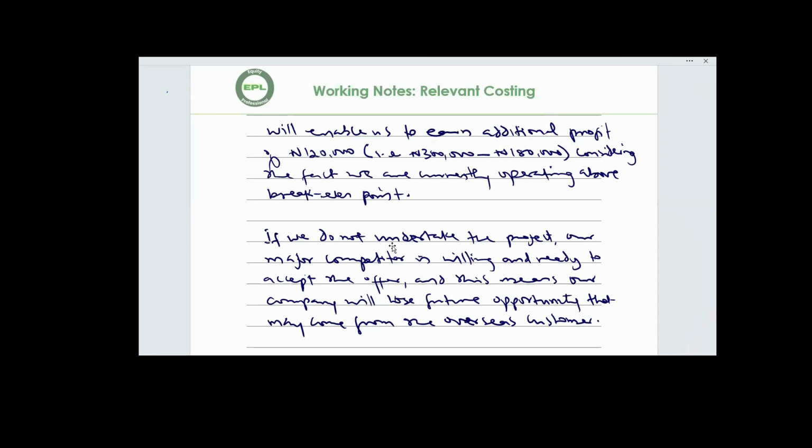Not only that, if the company fails to undertake the project, the company's major competitor will take up the project, and then this will mean that the company will lose future opportunity that may arise from the overseas customers.